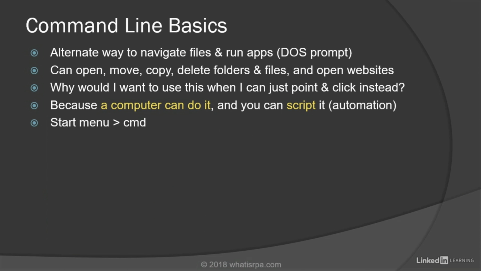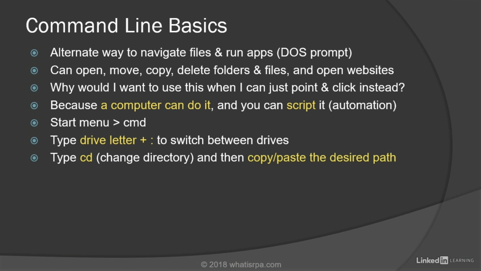The way to open a command prompt is to simply click on your Start menu at the bottom left of your screen and type the letters CMD, which is short for command. Then, you can type in a drive letter plus a colon to switch between different drives. You could also type a command called CD, which is short for change directory, and then either type in or copy and paste a desired path where you want to go.